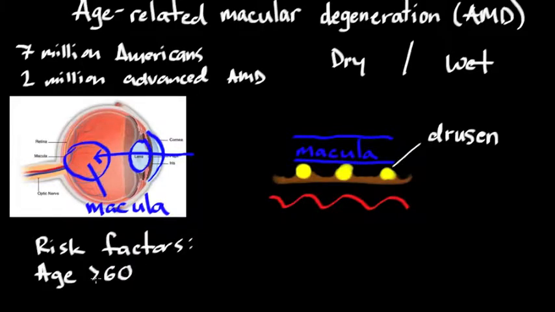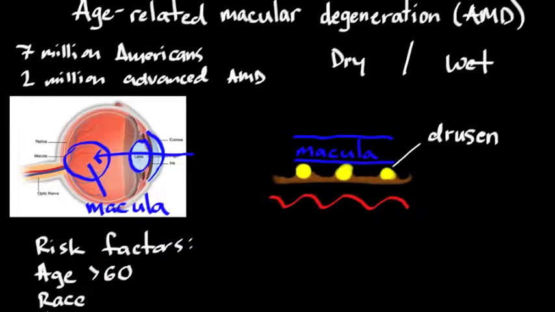So the older we get, the more risk we have of macular degeneration. What's another risk factor? Let's do another one, race. AMD, or macular degeneration, is much more common in Caucasian patients than it is in patients of African or Asian origin. We don't know exactly why that's the case, but we do know that's a risk factor.